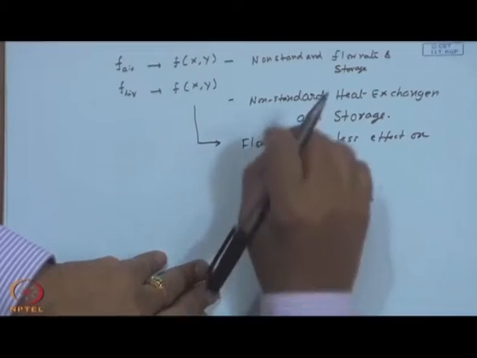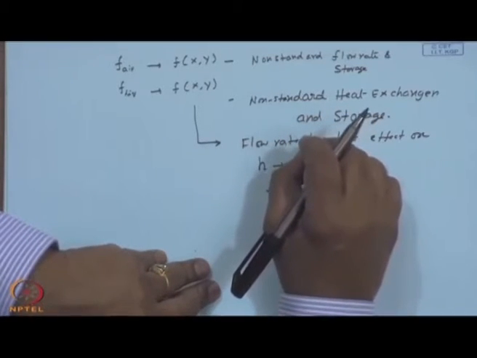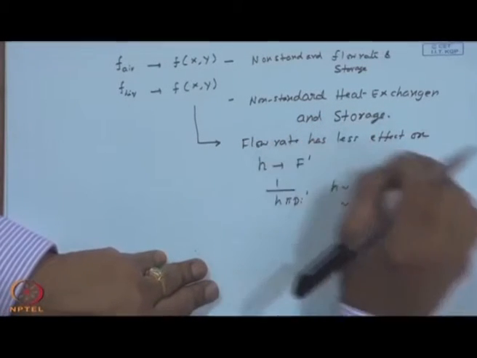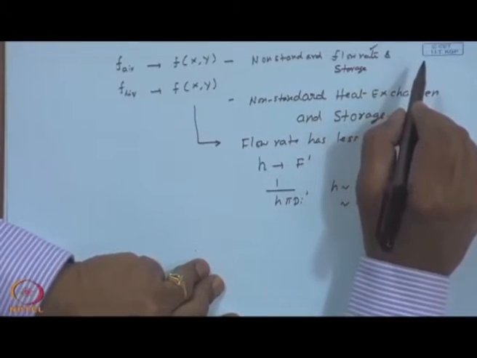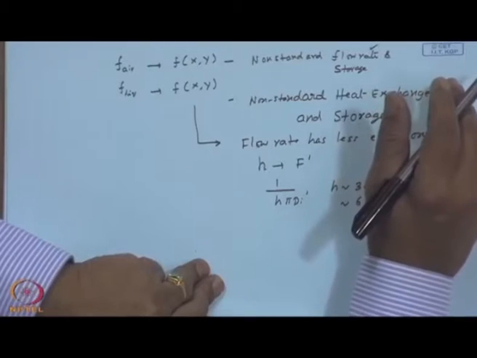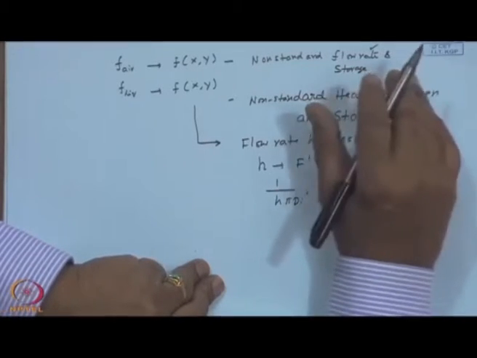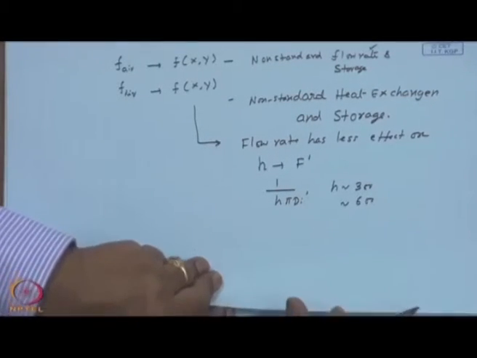Consequently, the flow rate of the liquid system does not make much difference in F dashed, whereas for air systems flow rate is an important thing, and the correlation is standard for 10 liters per second per meter square of the collector area. For other flow rates, we need to have the correction. So, that is the philosophy in providing a correction for the flow rate for air based systems, and such a correction has not become necessary for the liquid based systems, since the convection resistance in the case of liquid based collectors is quite small.